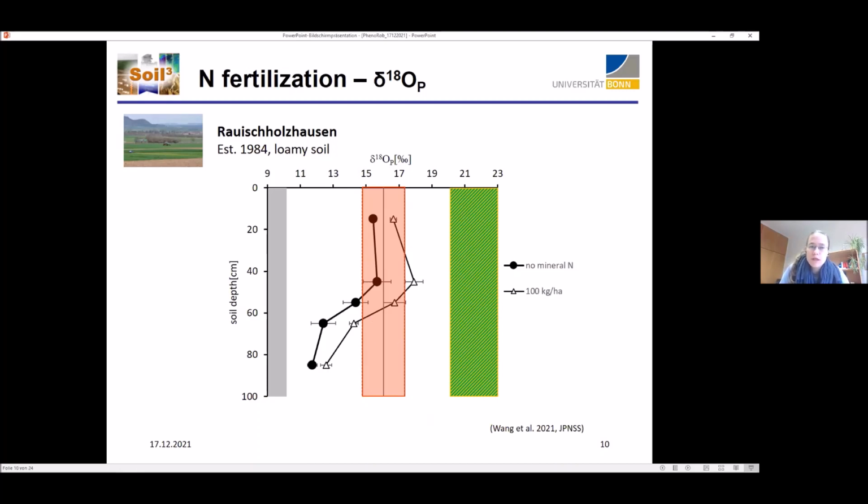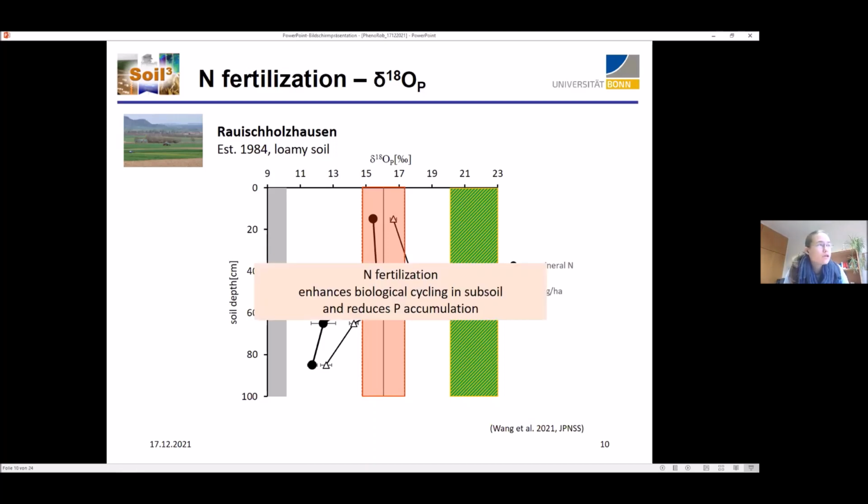So similar to what I told you about phosphorus fertilization, also nitrogen fertilization stimulates plant growth and microbial recycling of phosphorus proceeds to greater depth within the soil profile, so more of the subsoil is included.